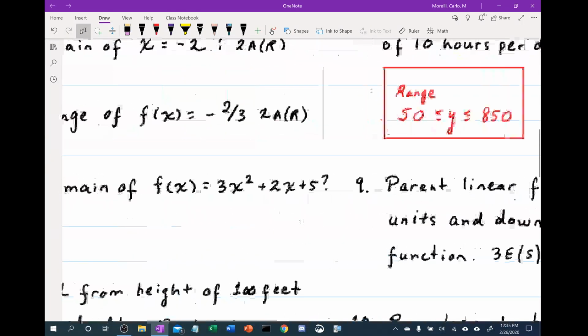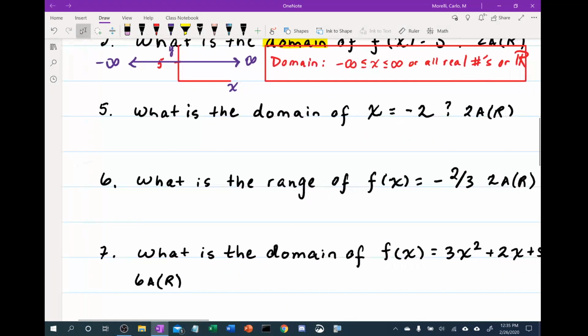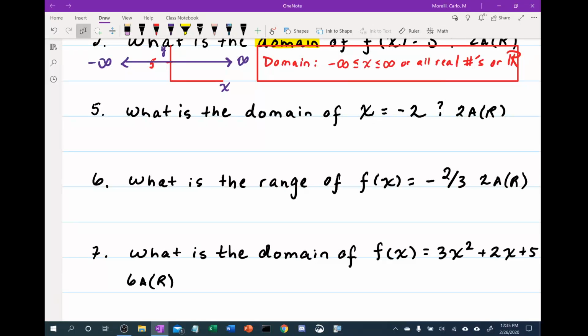Let's move on to number 5. What is the domain of x equals -2? This is one of those things that I can't teach you. I just have to tell you it over and over again until you can really remember this. There's no y here. It's not y equals, it's not f of x.